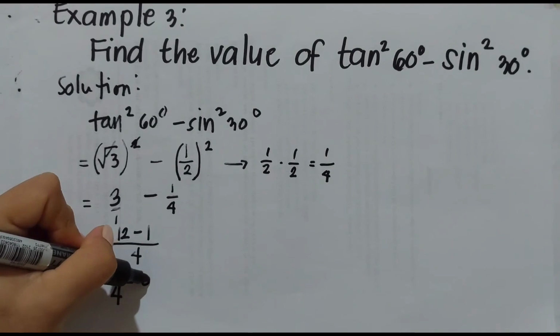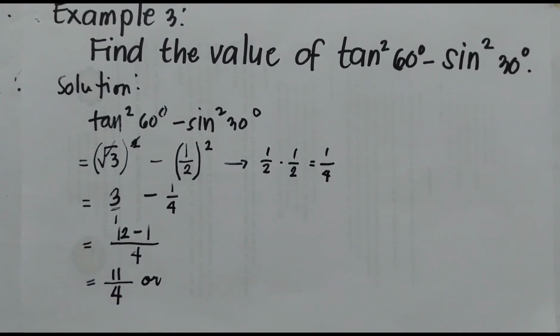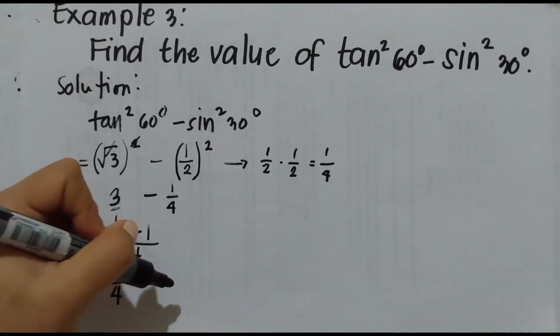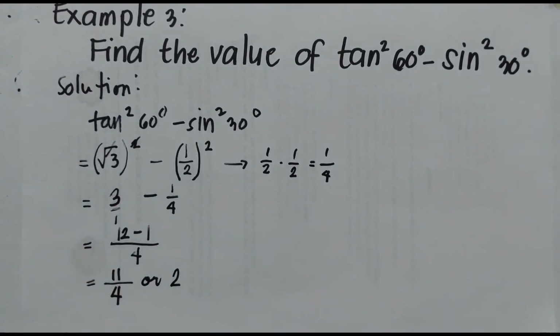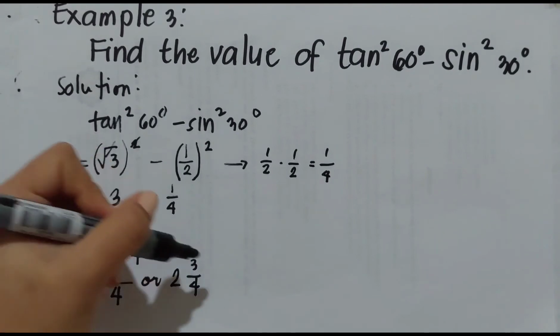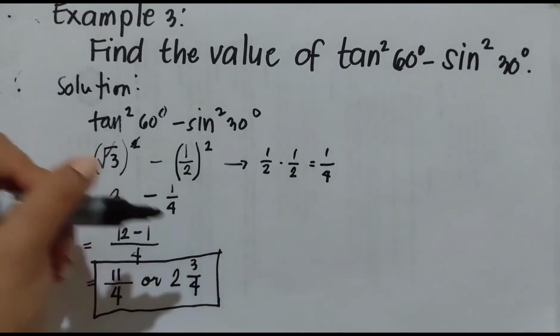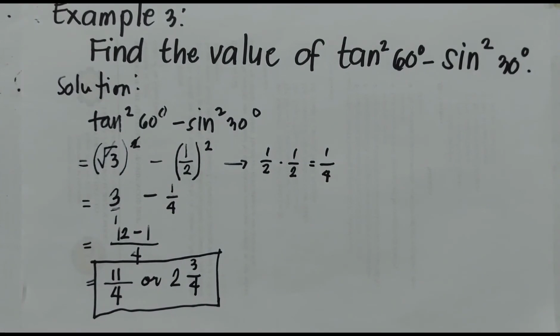Or, kung gusto ka i-simplify into mixed number, so, divide 11 by 4. That is, pila? Pila man na siya? 2 and 3/4. Okay. So, mao na siya ang value sa tangent square 60 degrees minus sine square 30 degrees.